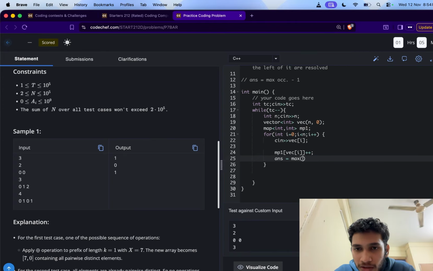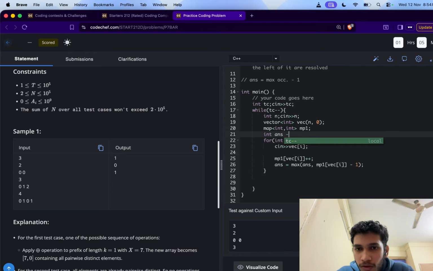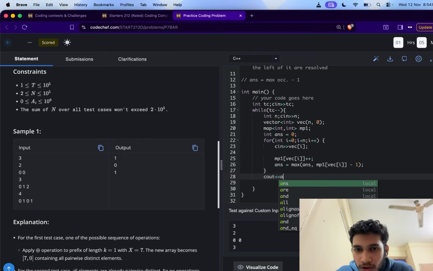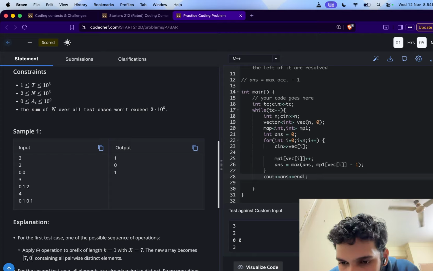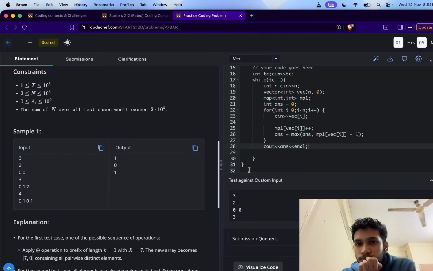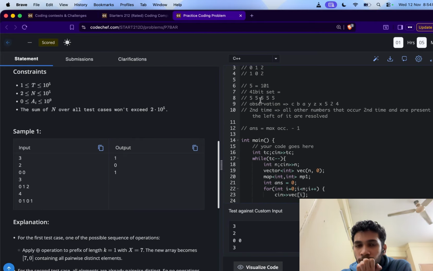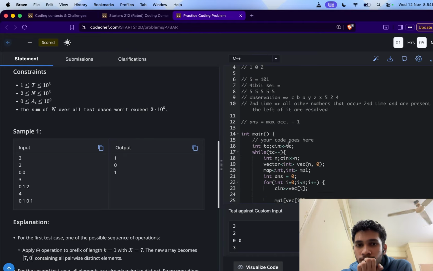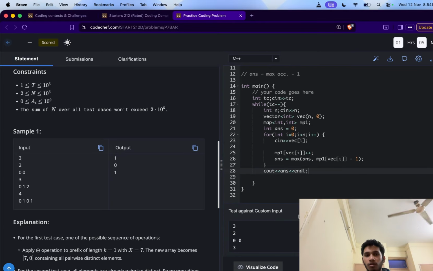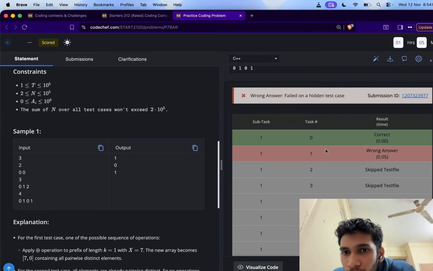Answer is equal to max of answer, comma, mp[i] minus 1. Let's just output our answer. So it says that our approach was wrong.